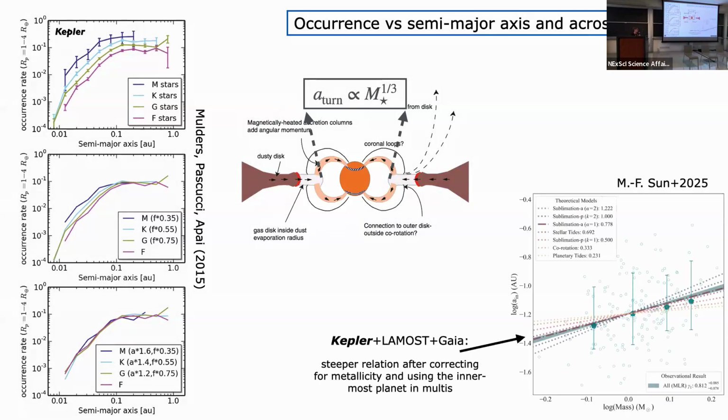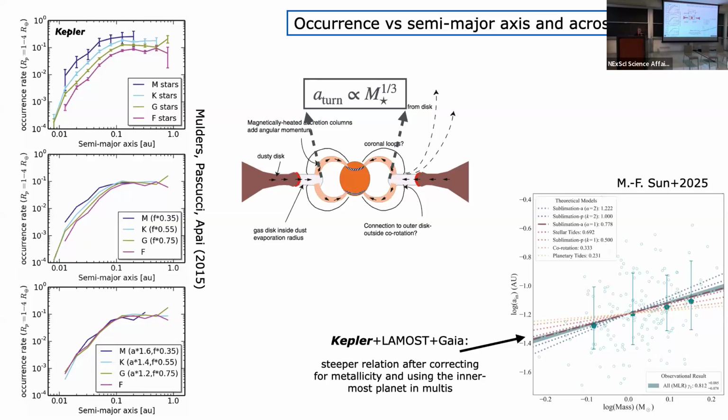So now, fast forwarding 10 years, you can do a different and improved analysis of this data set. So still Kepler, but you can couple it with Gaia, so better stellar information, and also with LAMOST, so you can couple it with the stellar metallicities.